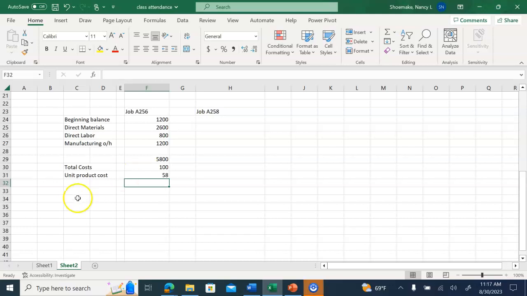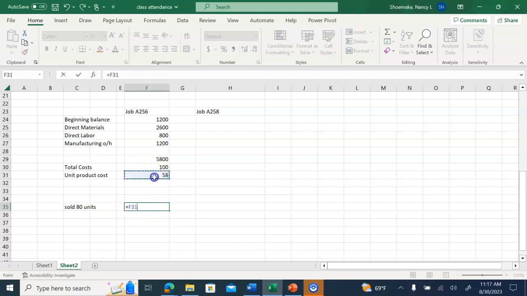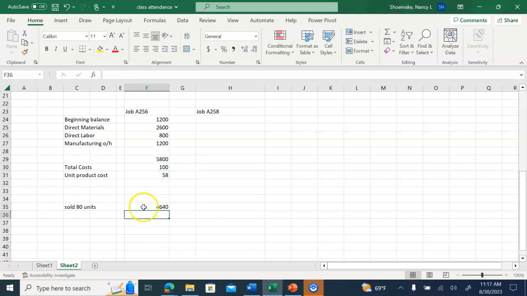So wouldn't, if we sold 80 units, wouldn't it be the 58 times the 80 is what this cost would be for the cost of goods sold for this job?